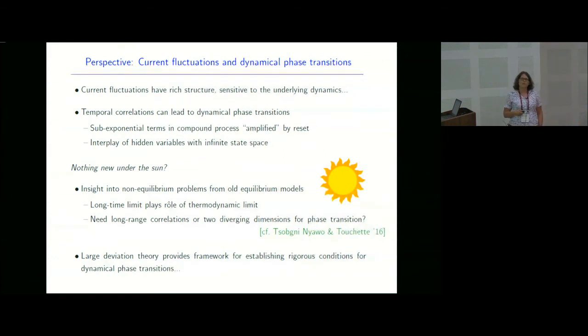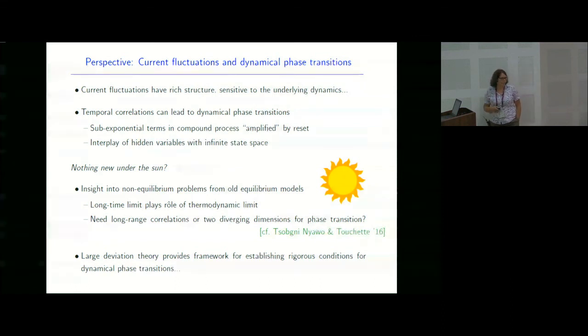In the second part, I showed you how this interplay of the hidden variable and the possibility for the particles to pile up, the infinite state space, also leads to a dynamical phase transition. And in some sense here, there's not very much new, because what we're getting is insight into these non-equilibrium models from old equilibrium models, where the long time limit in our non-equilibrium model is analogous to the thermodynamic limit in equilibrium.